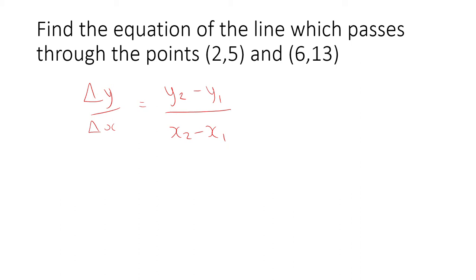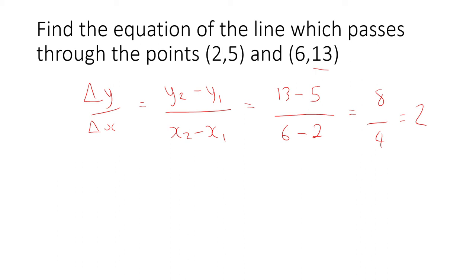The second y coordinate here will be 13, because that's the y coordinate of the second point, and the first y coordinate is 5, over the second x coordinate, which is 6, minus the first x coordinate, which is 2, so you get 8 over 4, which is 2. So the gradient of this line is 2.